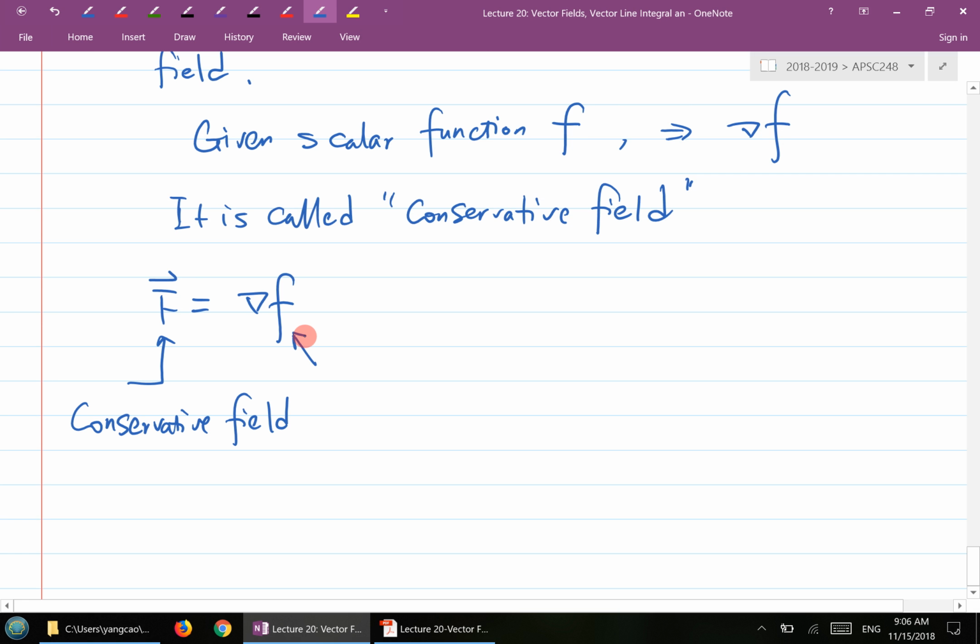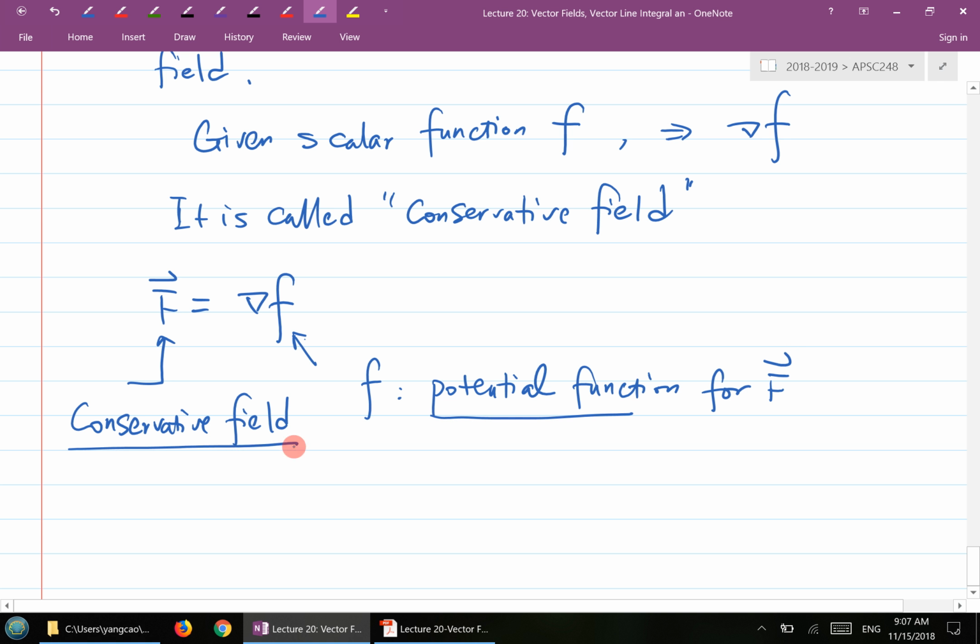Path independence. And this small f here, we give it a new name. It's called a potential function for this vector field F, or the conservative field F. Those are pure mathematical names.